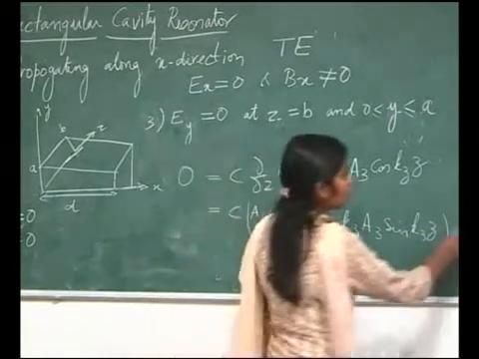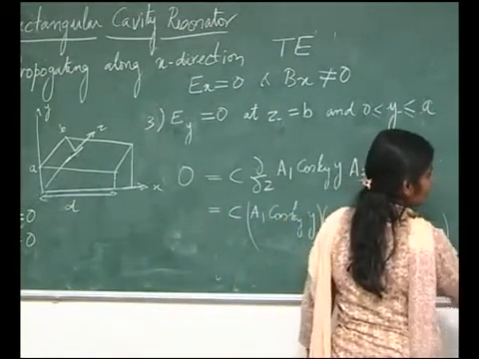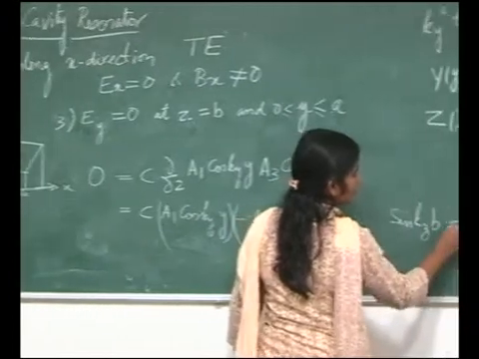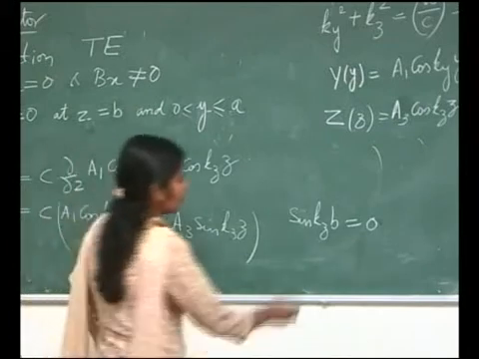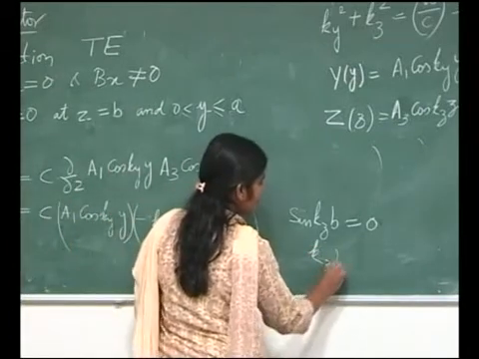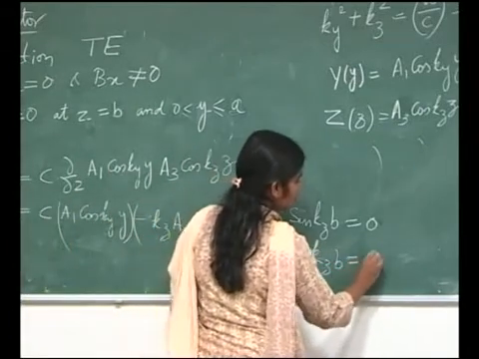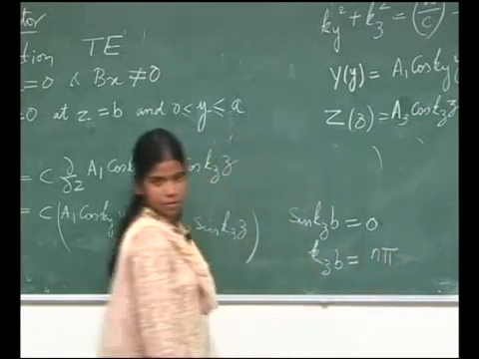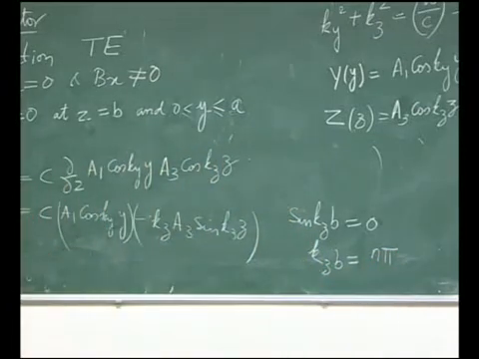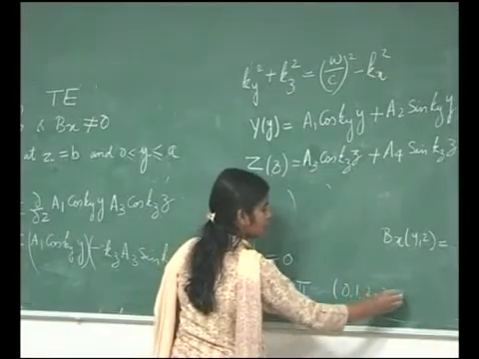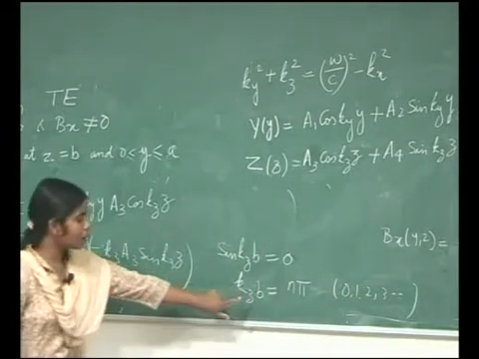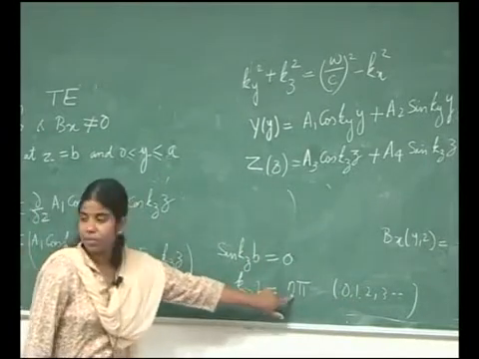Okay. So I write that sin kzb is equal to 0, or I can write that kzb is equal to n pi, where n is an integer. Okay, n is an integer going from 0, 1, 2, 3 and so on. So I get kz is equal to n pi by b.